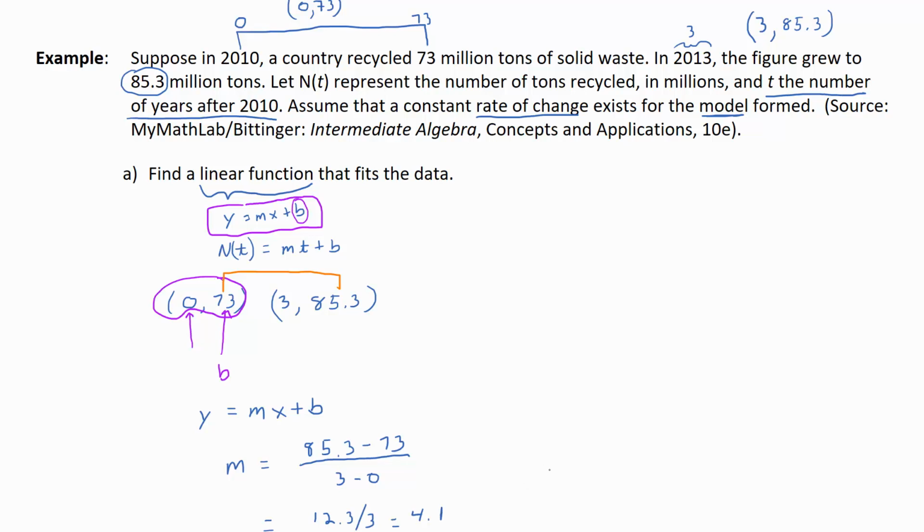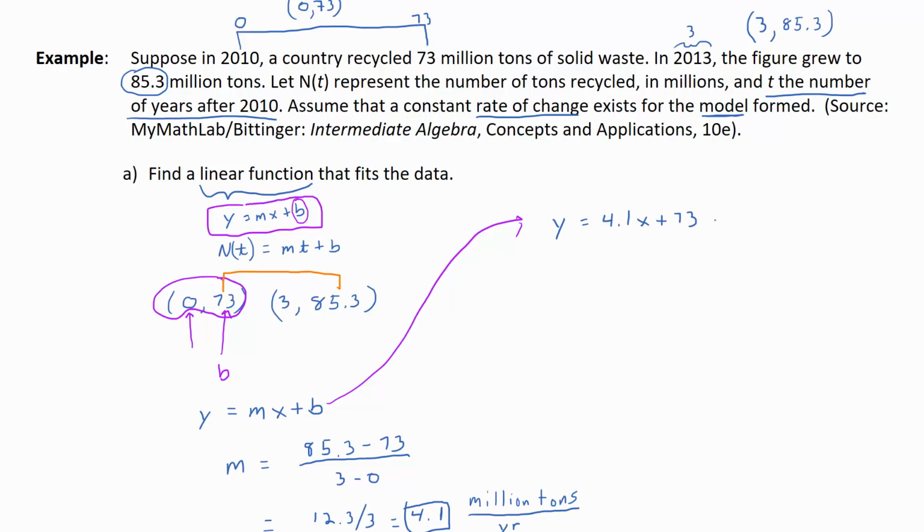And as just a review, remember the units of slope. This would be in millions of tons, so it'd be million tons per year, which means the amount that's being recycled is going up by 4.1 million tons per year. Okay, that was just review. All we really need is this number here. And so now we can fill in y equals mx plus b and get y equals 4.1 times x plus 73.